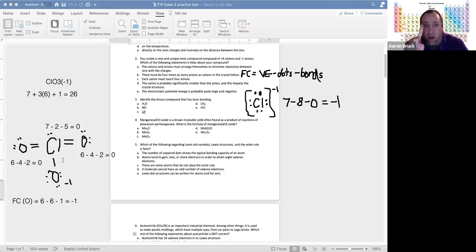So if I'm trying to evaluate steric number here, the steric number would be 4. 3 bonding sets, 1 to each oxygen, and 1 non-bonding set, that lone pair. And so my electron domain geometry would be tetrahedral, because I've got a steric number of 4.